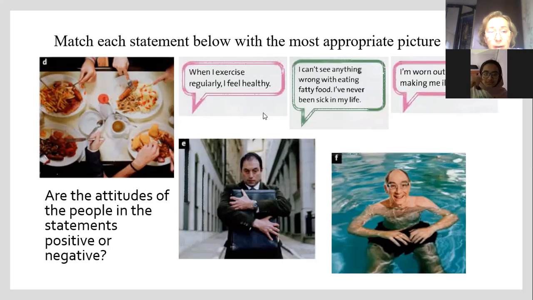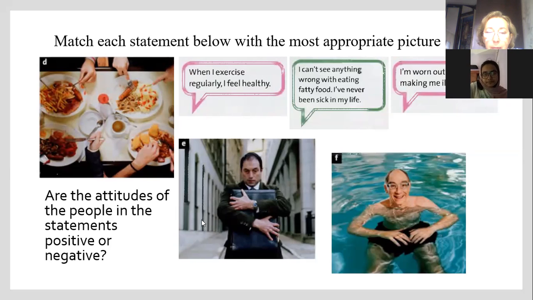Well, and the next statement is, I'm worn out and it's making me ill. This is picture E. And where is the person here in picture E? In the street, ma'am. In the streets. Why do you think he's worn out? Because of his job, maybe.